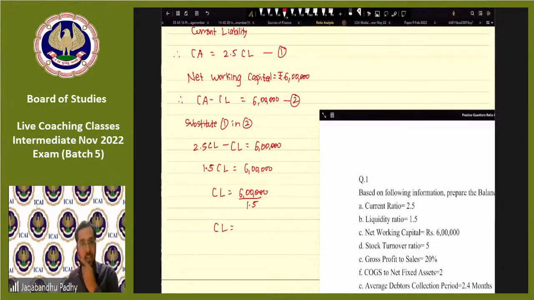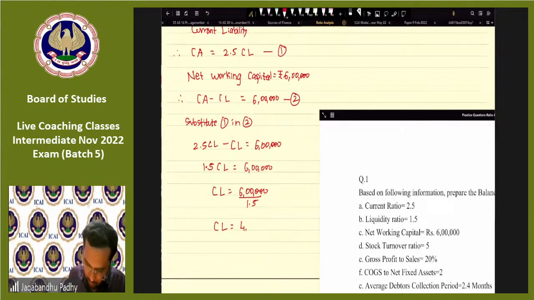What's the amount of this current liability? 6 lakh divided by 1.5 is 4 lakh. Current liability is 4 lakh.